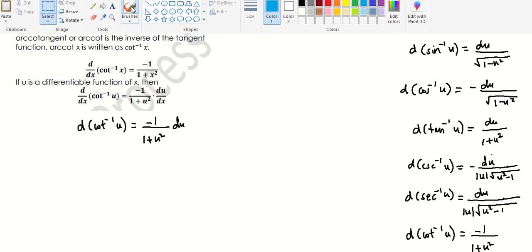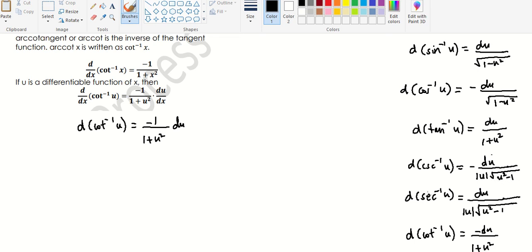Yung arc cotangent u, we have negative du over 1 plus u squared. Then let's have the arc cosecant u. So the derivative of that is negative du over the absolute value of u times the square root of u squared minus 1.